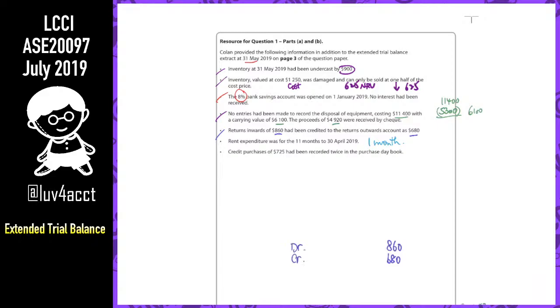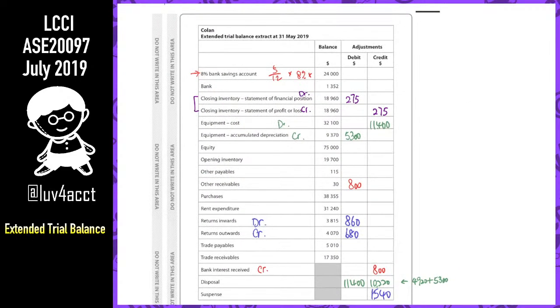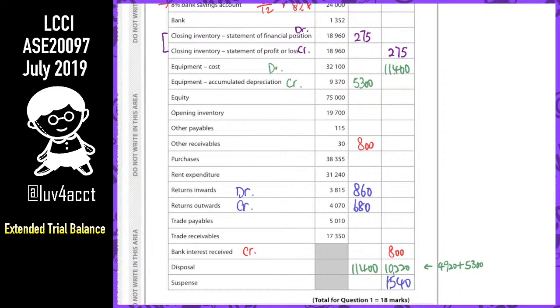So let us go to the rent, rent expenditure. 31240 divided by 11, we can find the remaining month accrual. Expenditure is on the debit side, we want to add to it, so it is 2840 here, and other payables.